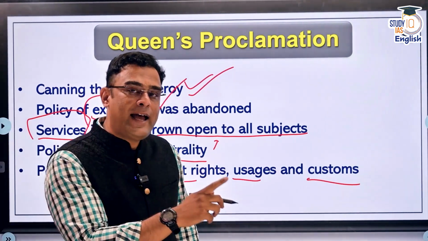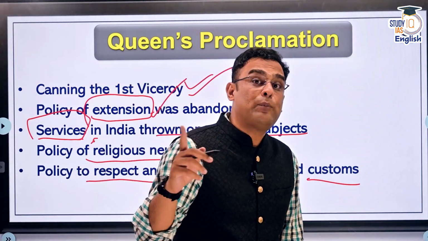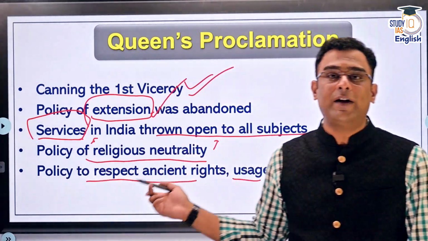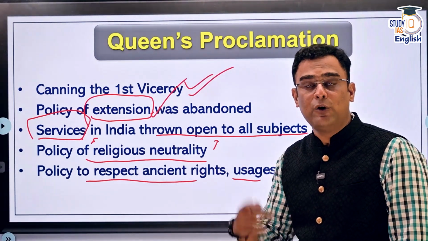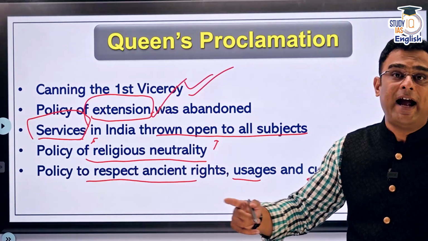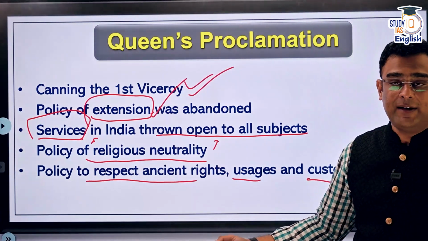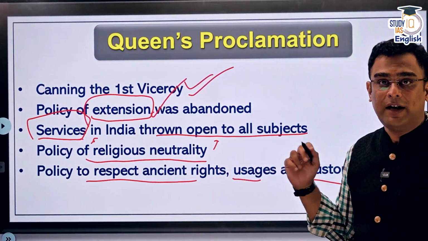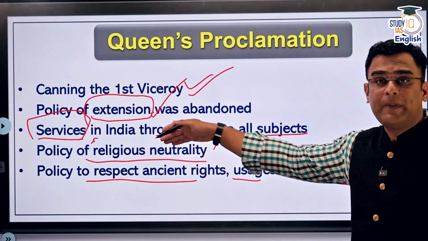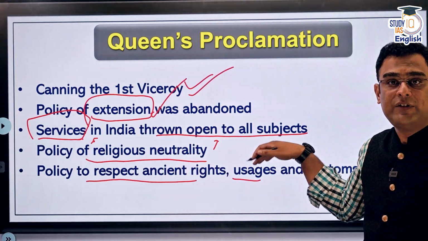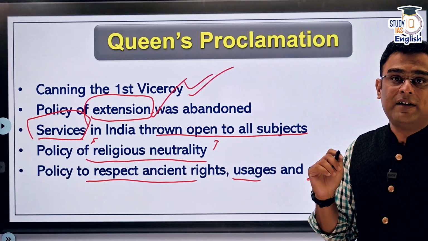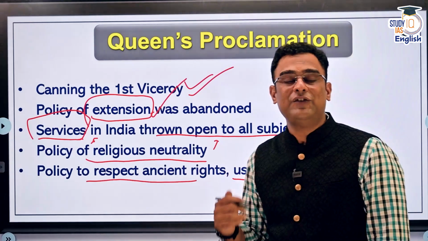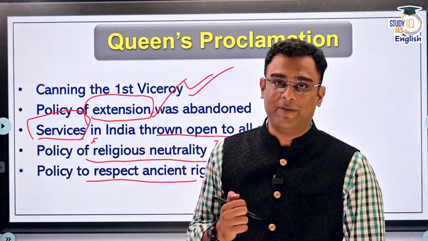The doctrine of lapse of Dalhousie had prohibited these kinds of adoptions, and that had led to a lot of discontent, and we know how the Rani of Jhansi fought in the revolt of 1857, this being her primary grudge. So for this reason, such ancient practices and usages were to be respected. So these were the provisions regarding the Queen's Proclamation immediately after the revolt of 1857.